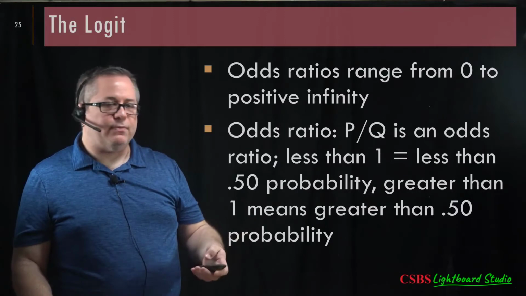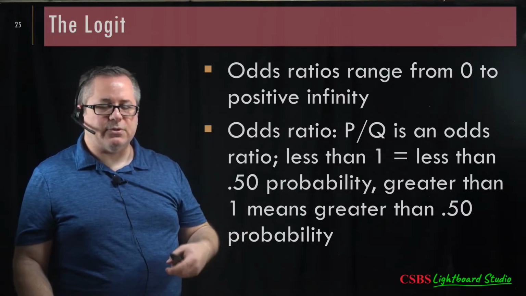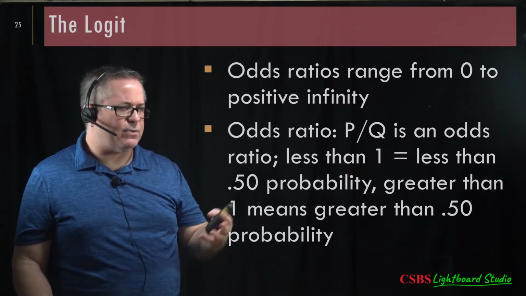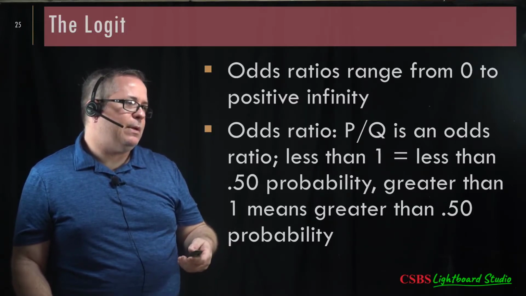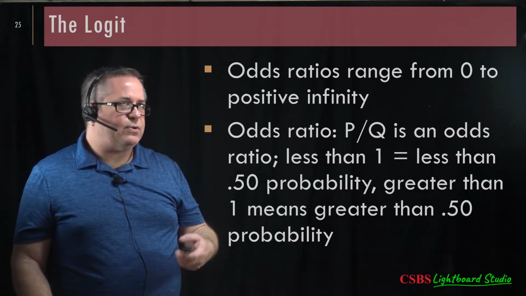I know logits are sort of weird. They're these sort of standardized values that are hard to gauge what they really mean. Odds ratios are a little easier to understand, but they're still sort of strange for us.